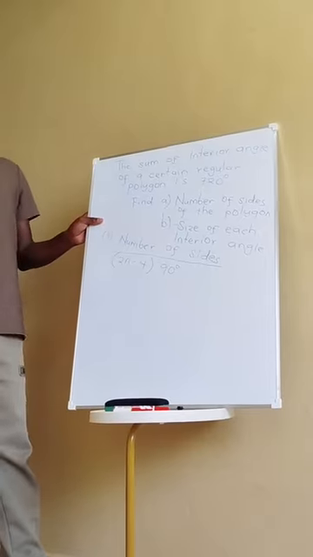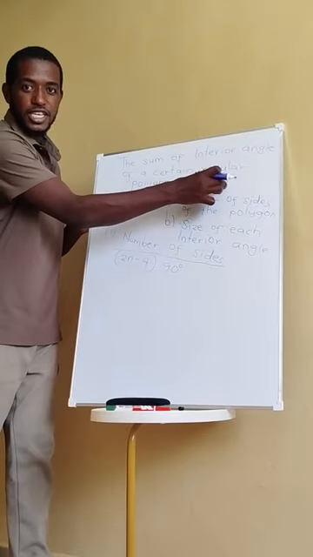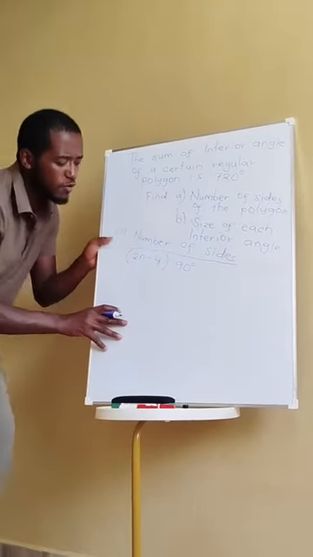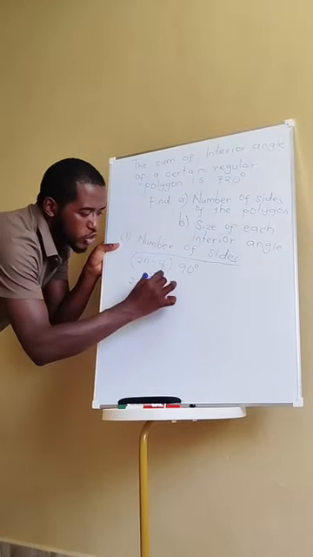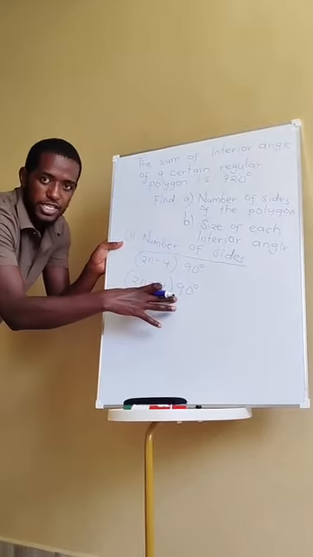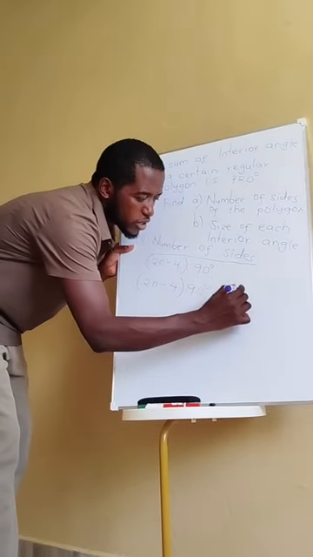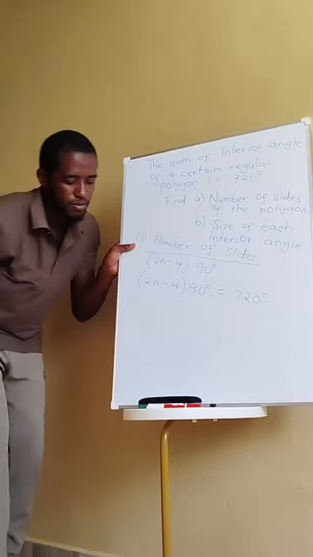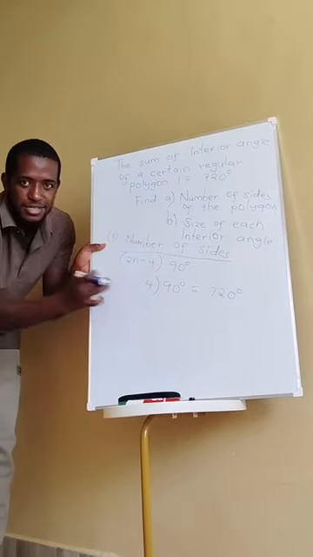But I like using this. So, we know that the sum of interior angle is 720. Therefore, we are going to form a simple algebraic equation, because this formula gives you the sum of interior angles. And the good thing, we already know the sum is 720 degrees. The next step is you open the brackets.